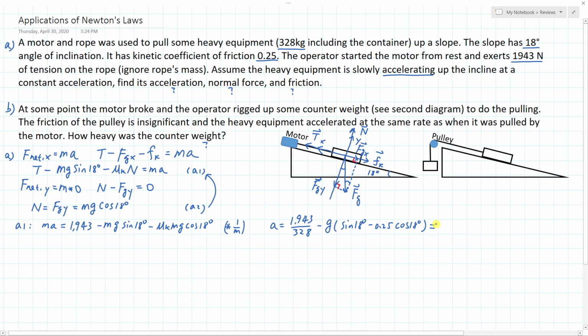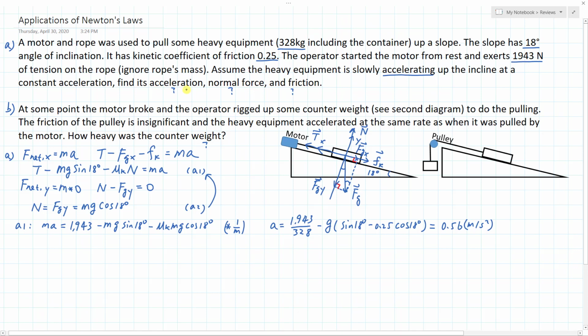So use your calculator. Now you can find the acceleration, and this overall value is 0.56. I kept 2 digits, meters per second squared. As we get to the final answers, we want to quote the units. Okay, so that is finding the acceleration.